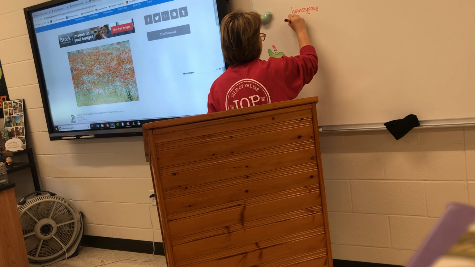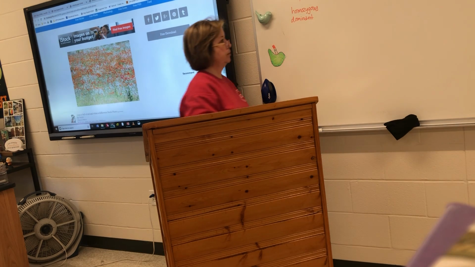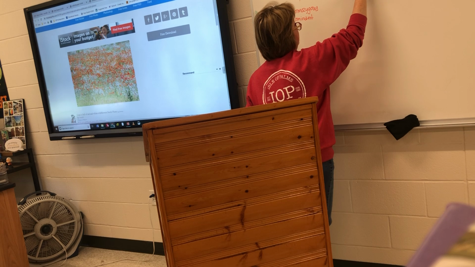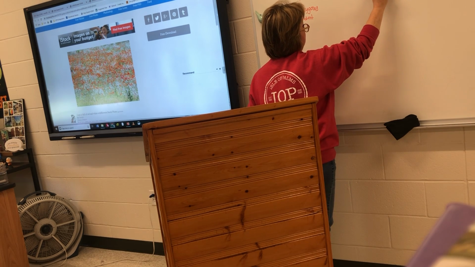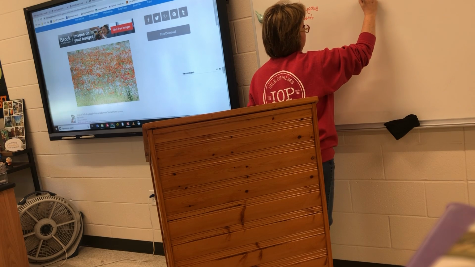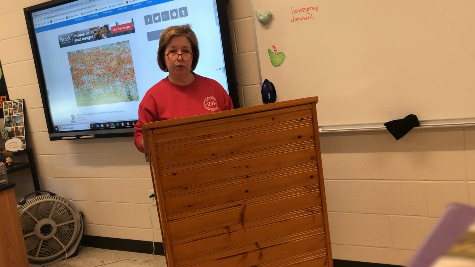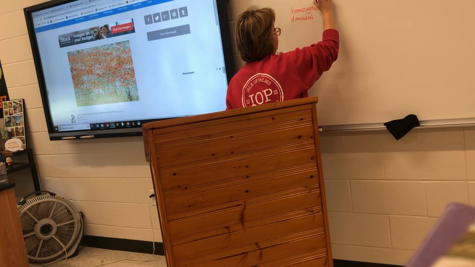P squared is the homozygous dominant genotype. Q squared is the homozygous recessive. And 2PQ represents the heterozygotes.